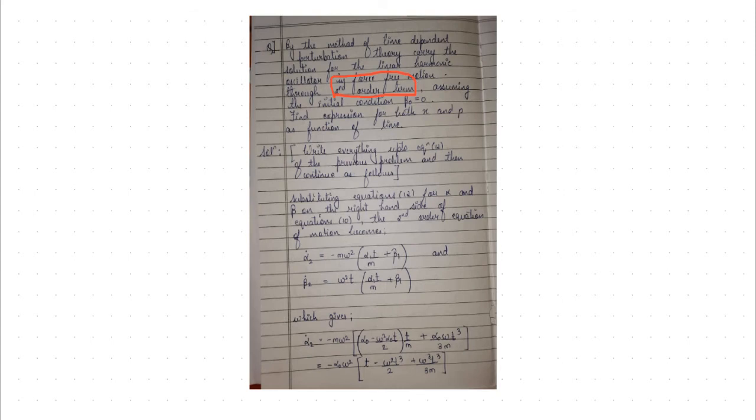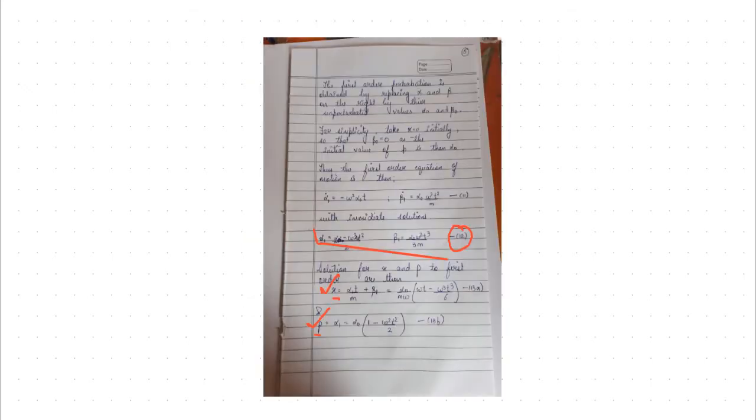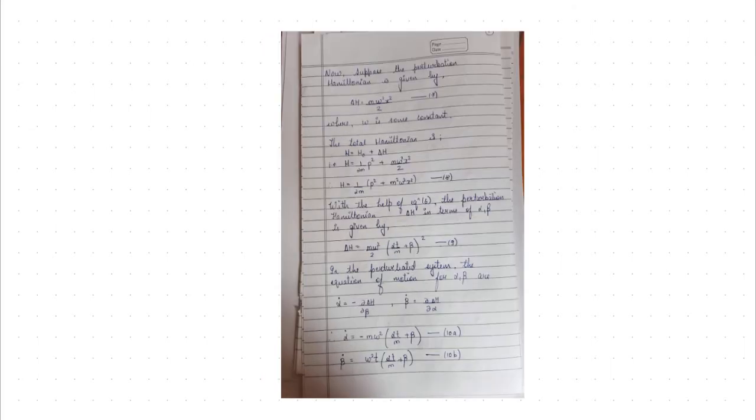Write everything up to equation number 12 of the previous problem and then continue as follows. You have to substitute equation 12 for alpha and beta. I have got the value of alpha 1 and beta 1. You have equations 10a and 10b. Over here we have alpha and beta, also in 10b we have alpha and beta, and this gave us the value of alpha dot and beta dot.